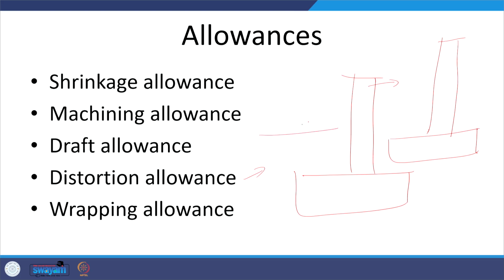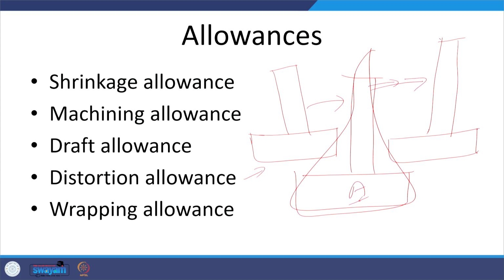So, the pattern is made to incline in the other direction, so that after shrinkage and contraction it becomes vertical. So, this is what is desired, A, but instead of getting A we get B because of this distortion tendency. So, to neutralize this distortion tendency and obtain the product like A, which is desired, since B is not desired, the pattern is modified to a shape which is not desired.